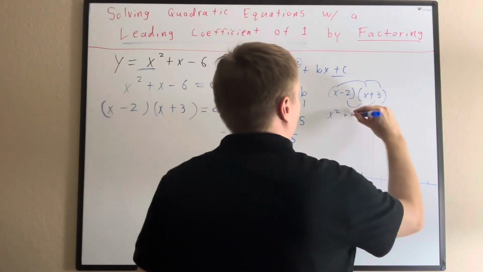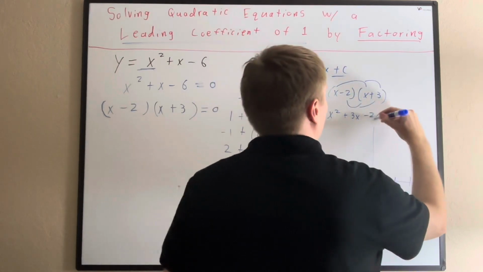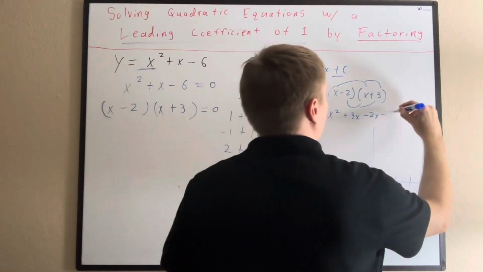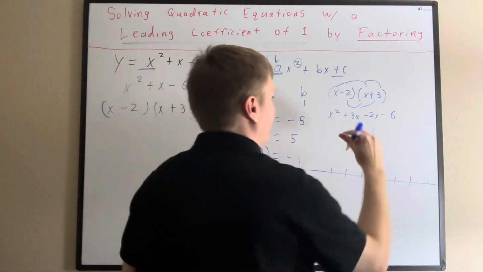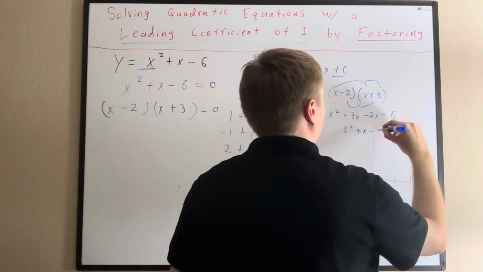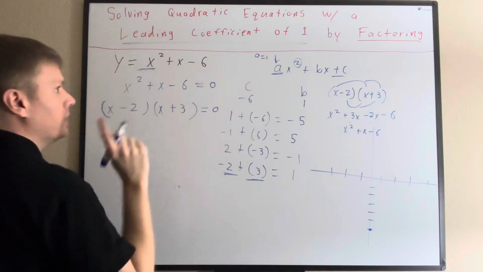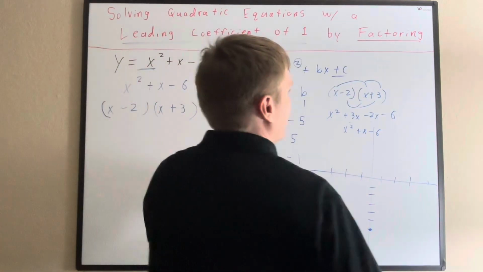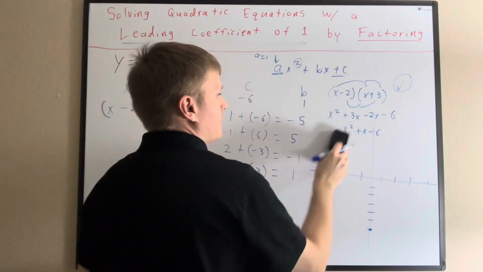X times 3 is 3x. Negative 2 times x, negative 2x. Negative 2 times positive 3 is negative 6. Combine like terms. Always remember that part. X squared plus x minus 6. That is what we started with. So we know we did it correctly. Always good to check your work. All right.